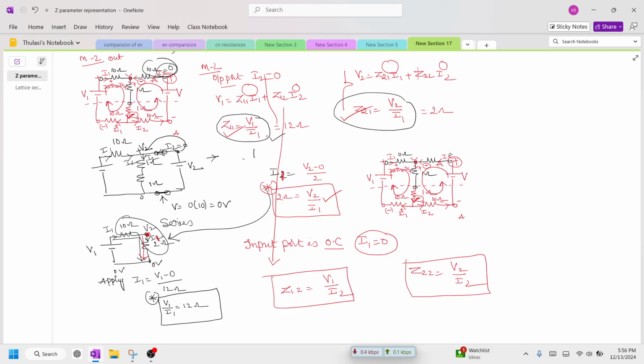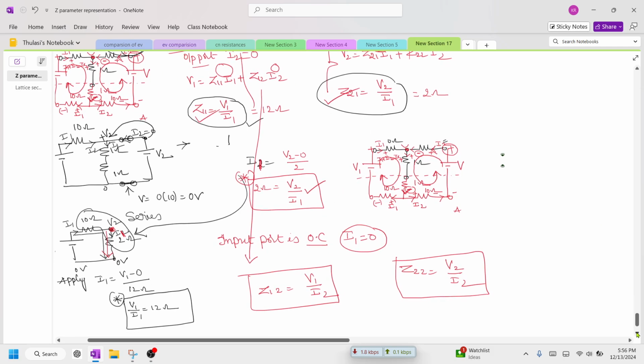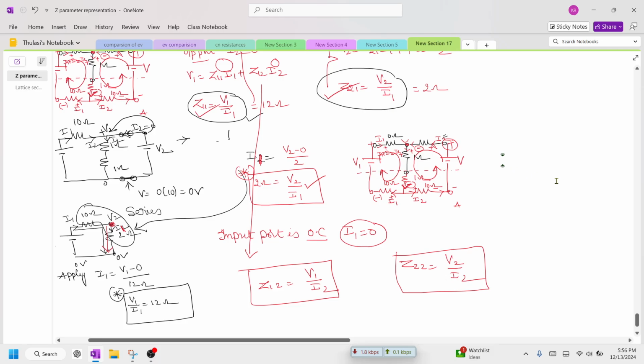Okay, so now let us see how to apply it. In this network, this input port is 0. So I'm going to reconstruct this diagram.